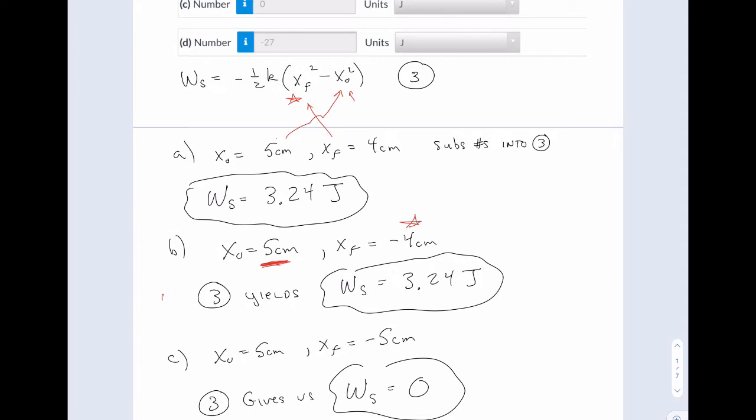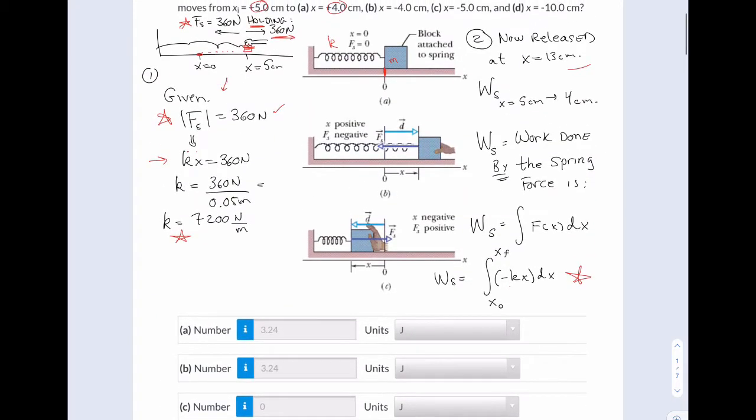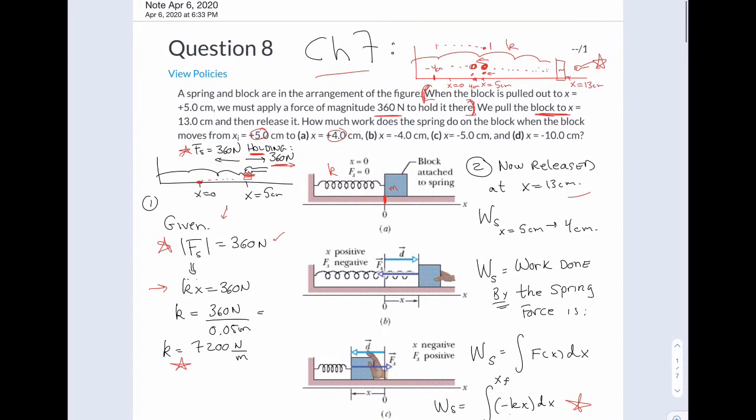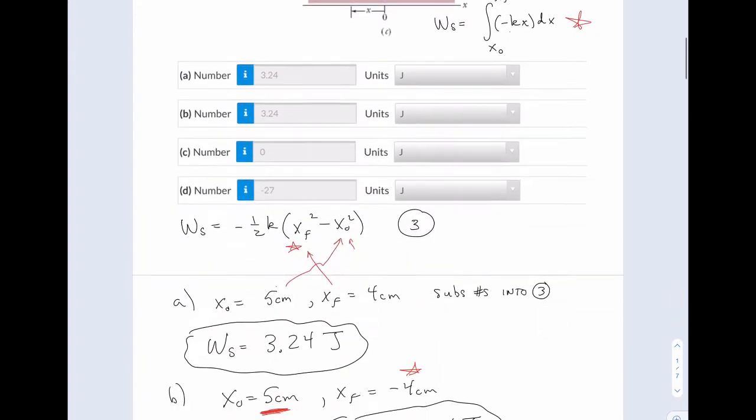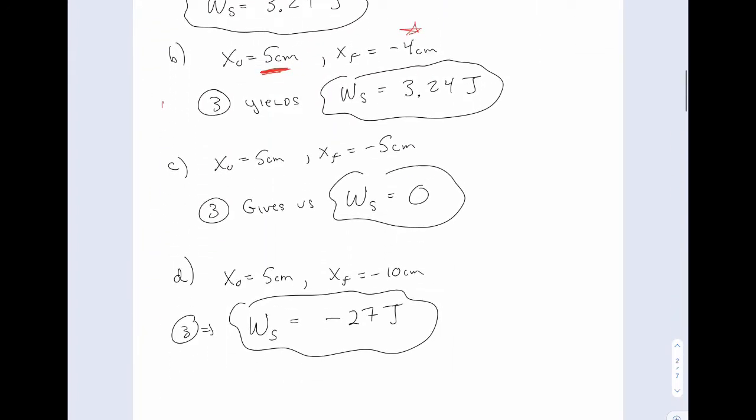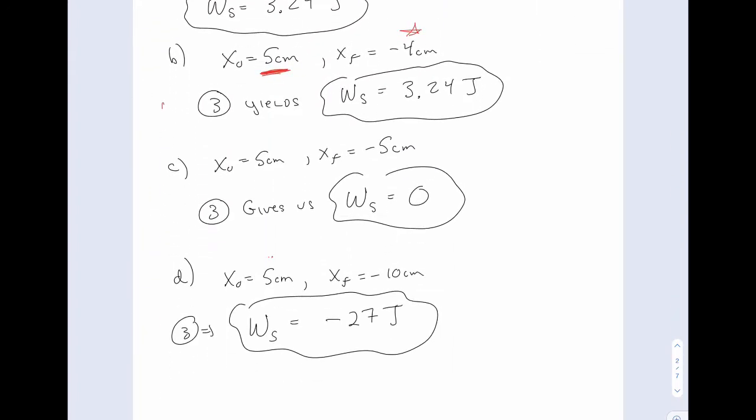And now they want it from that same 5, but further to the left to minus 5. So in the picture, it's going from here, oops, that was the 5, and it's going out to minus 5.